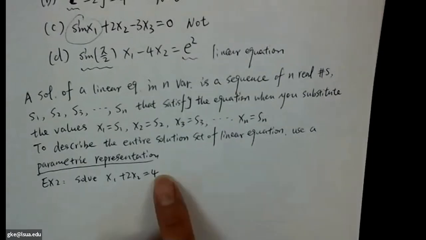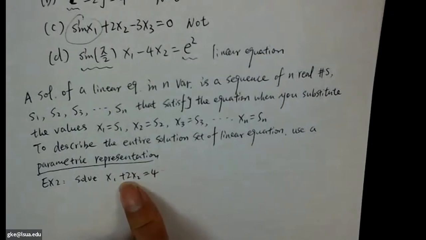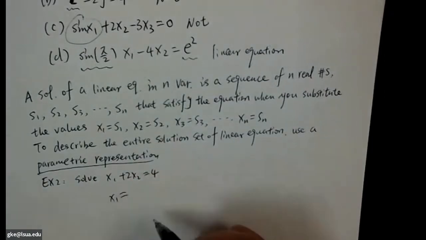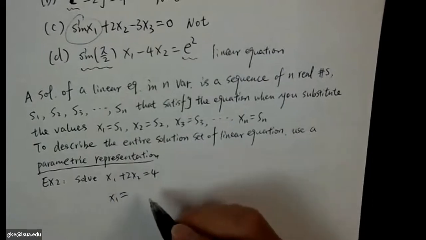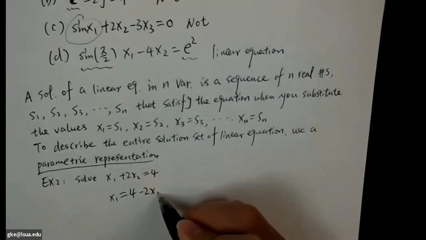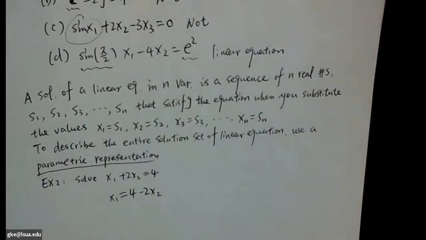So we just move this term, 2x2, to the right-hand side. And then we get x1 equals 4 minus 2x2. Okay, so now we have one variable to express the other variable.